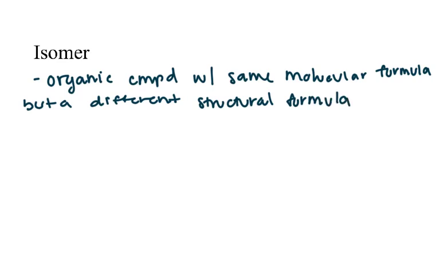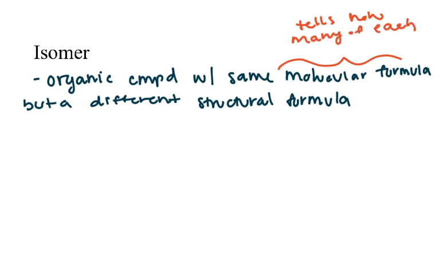Right, so remember that our molecular formula is what tells us how many of something there are. So this tells how many of each element. But it has a different structural formula, so the way it's laid out is a little bit different.